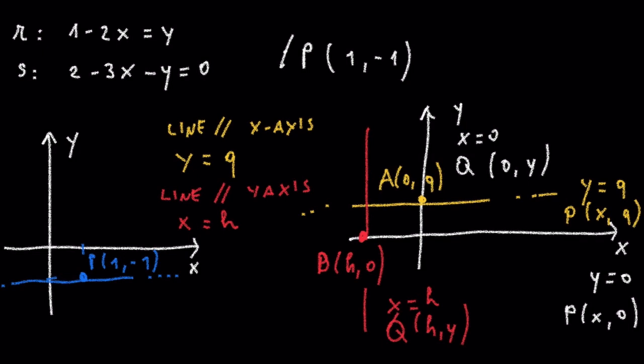Now, returning to our exercise, since our line must pass through the point 1, minus 1, the equation of the required line is y equals minus 1, or y plus 1 equals 0.